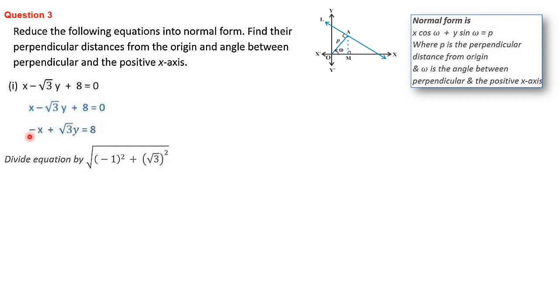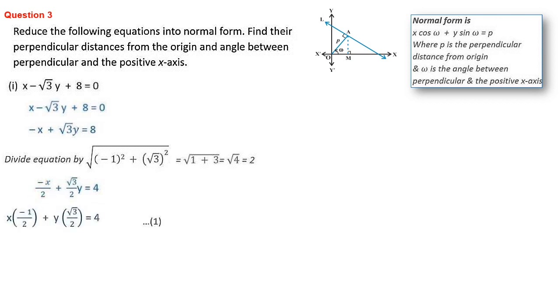A is what? Coefficient of x, minus 1. B is coefficient of y, that is root 3 square. That is, minus 1 square is 1, root 3 square is 3, 1 plus 3 is 4, root 4 is 2. We are going to divide the entire equation with 2. That means minus x by 2 plus root 3 by 2 y equal to 8 by 2 is 4. Just separate it.